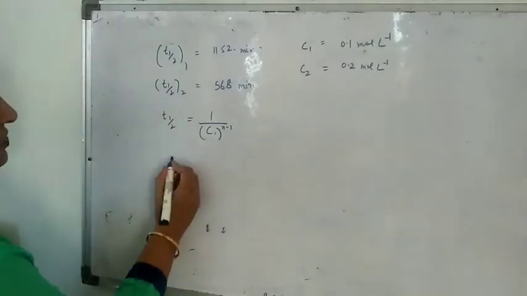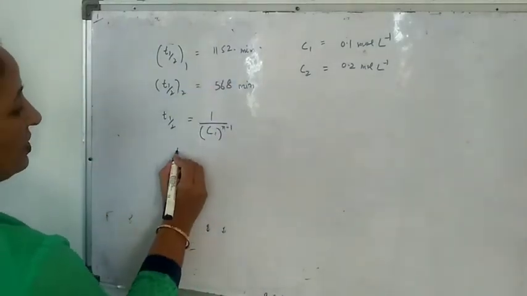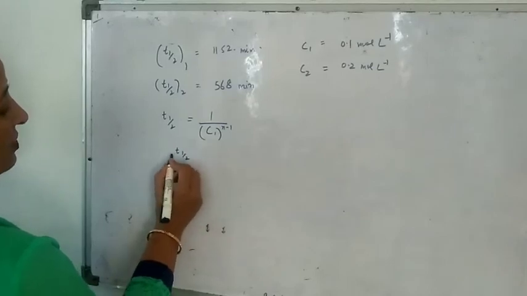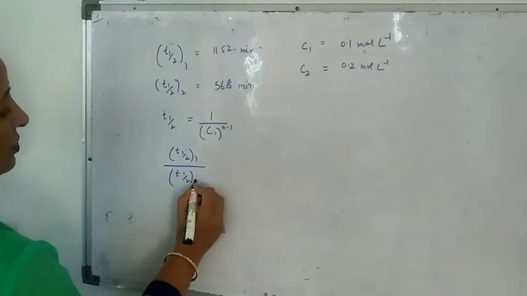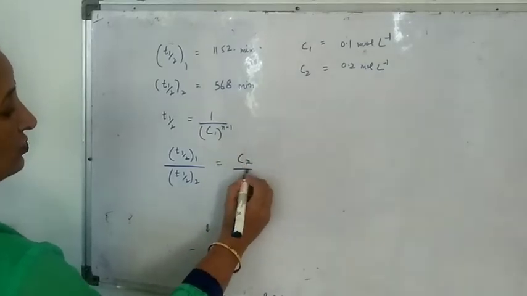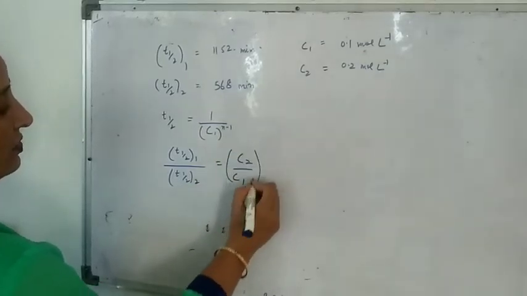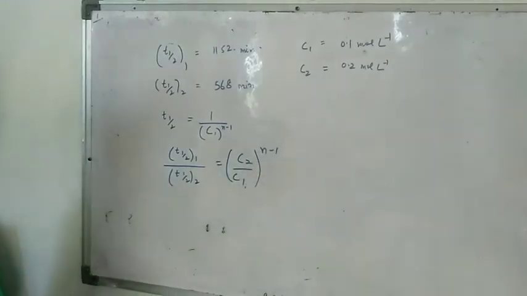So putting this value and dividing, we get T half 1 upon T half 2 is equal to C2 upon C1 raised to power n minus 1.